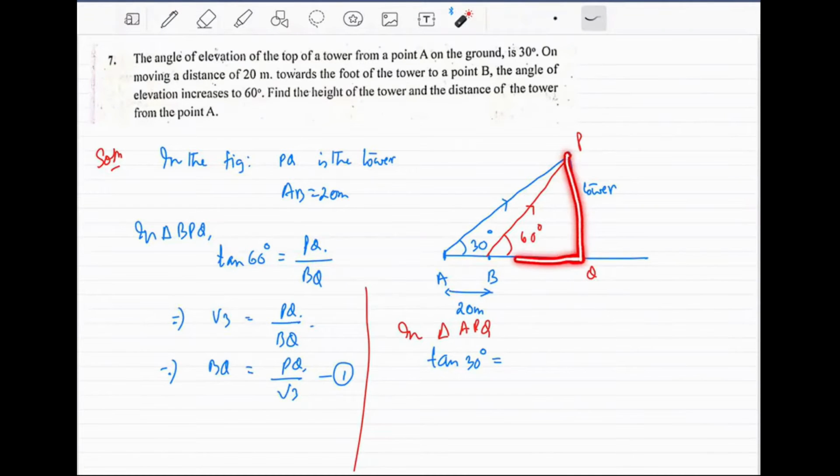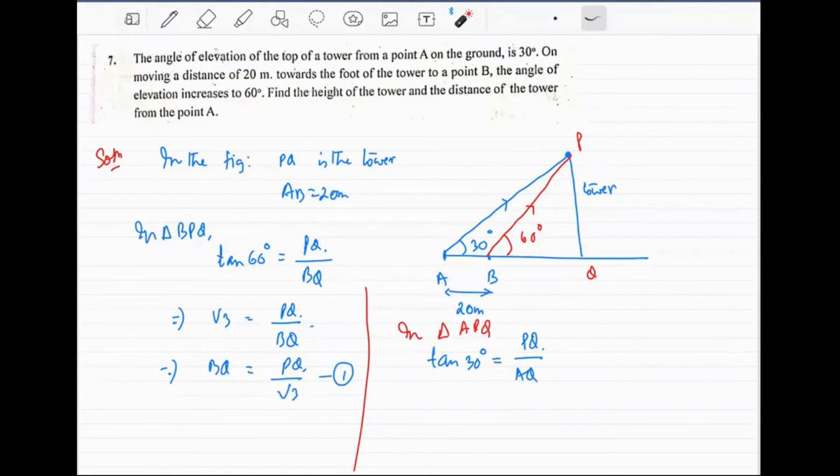Adjacent is, we are not going to take only up to this place because we are taking the whole triangle right here. We're going to take opposite is this one, adjacent is this whole thing, which is up to A up to Q. So the formula for tan will be opposite by adjacent. Opposite is PQ, adjacent is AQ. Now PQ, we cannot break it down.